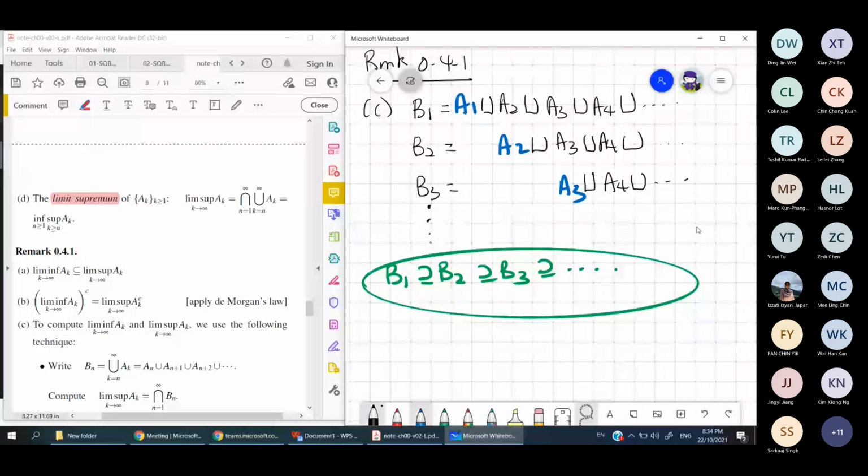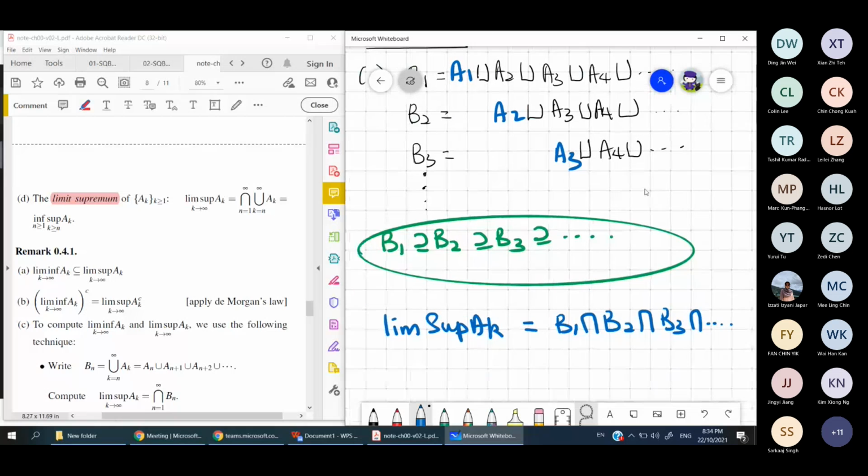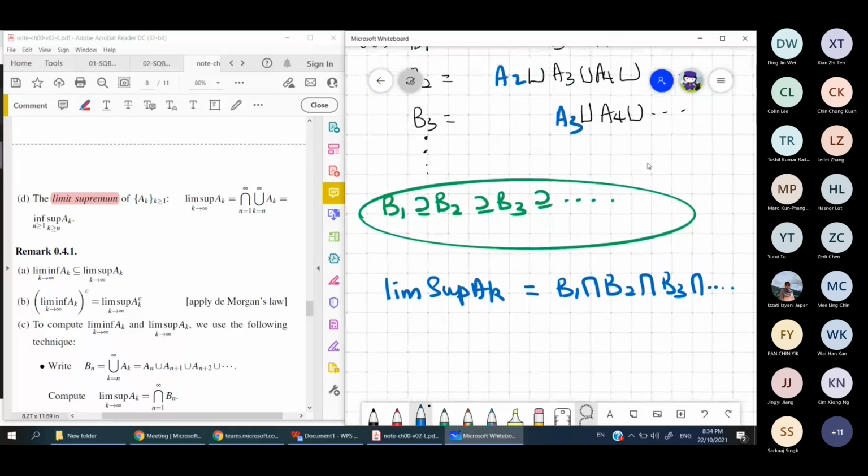The limit supremum of Ak will be just taking the intersection of all these B. So this is how we compute the limit supremum of Ak.